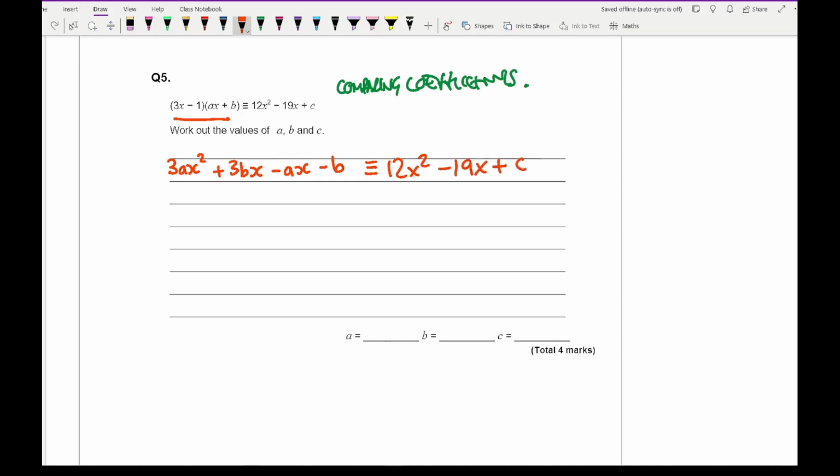So then comparing the coefficients of x squared, what I've got is 3a on this side and I've got 12 on this side. So what I've then got is 3a equals 12. So that means then a equals 4. So there's my first value.